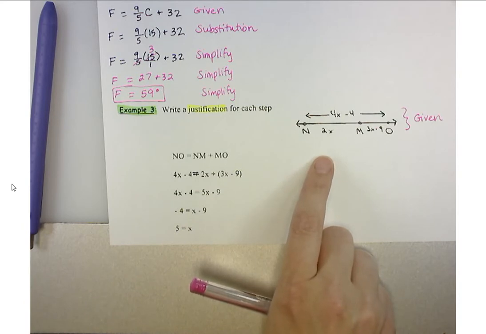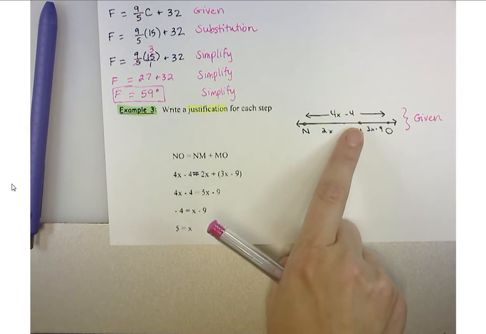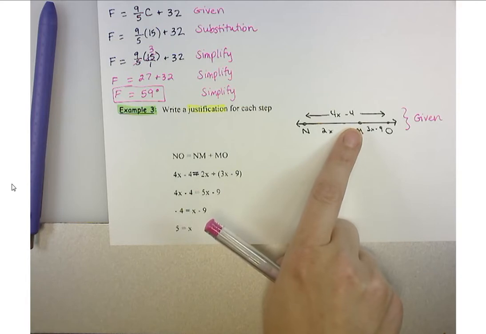Someone said something about the midpoint. It's not a bisector, right? Does it cut it directly in half? Let's look in our notes. Addition postulate, you're getting warmer.